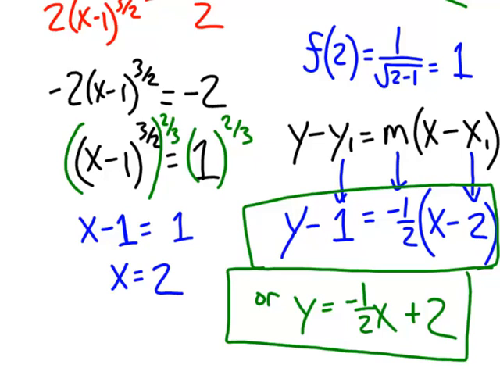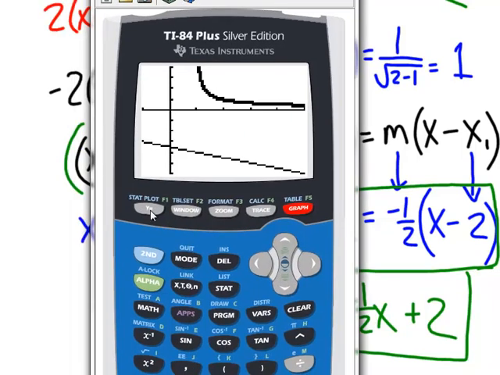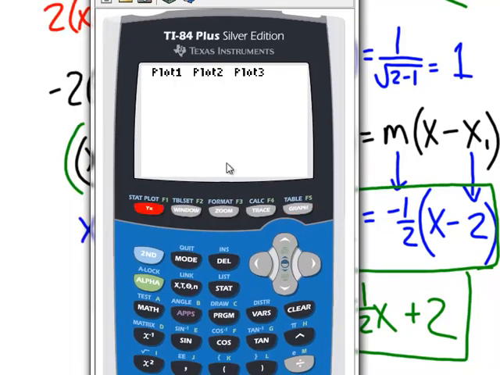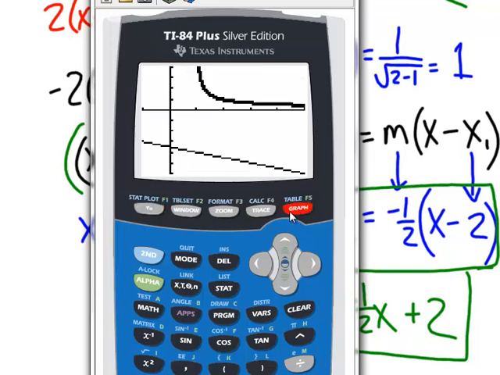And let's bring up the calculator, and this is the moment of truth. Here what I have shown are the original function itself, 1 over root of x minus 1, and I also typed in the slope-intercept form of the line that we're supposed to be parallel to.